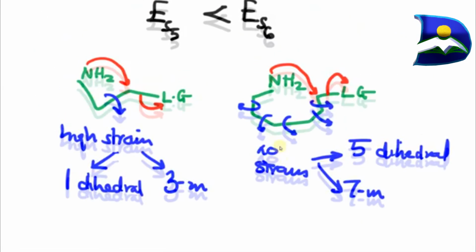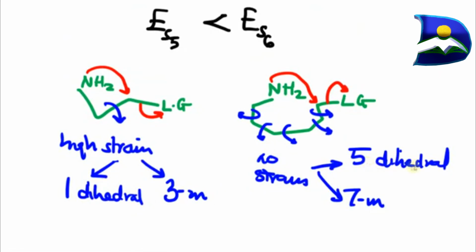However, in terms of entropy, regarding the number of dihedral bonds that have to be rotated for the ring formation to be established, there's only 1 dihedral bond that has to be rotated, and therefore less entropy energy is required compared to this other side of the reaction.